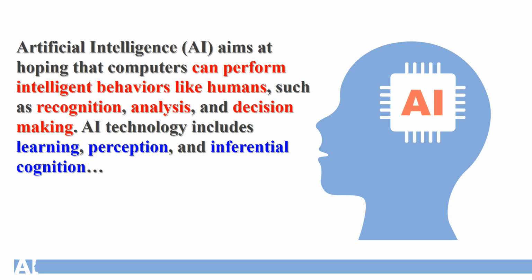Okay, let's look at the definition. So AI aims at hoping computers can perform intelligent behaviors like humans, such as recognition, analysis, and decision making. AI technology includes learning, perception, and inferential cognition.